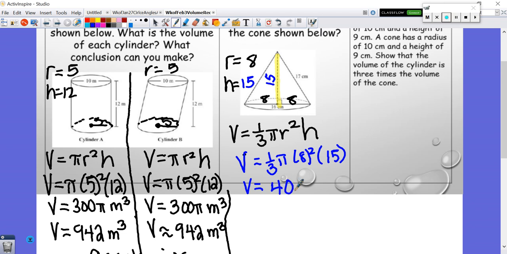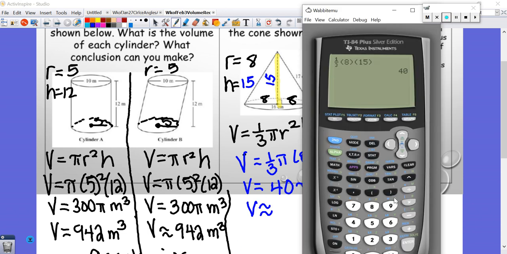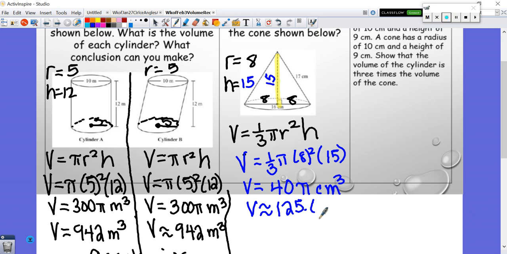So the exact answer is 40, and we're going to say centimeters cubed, and the approximate answer would be 40 times 3.14, and we get 125.6, and that's centimeters cubed. And we're finished. Okay, so now let's go to the next one.